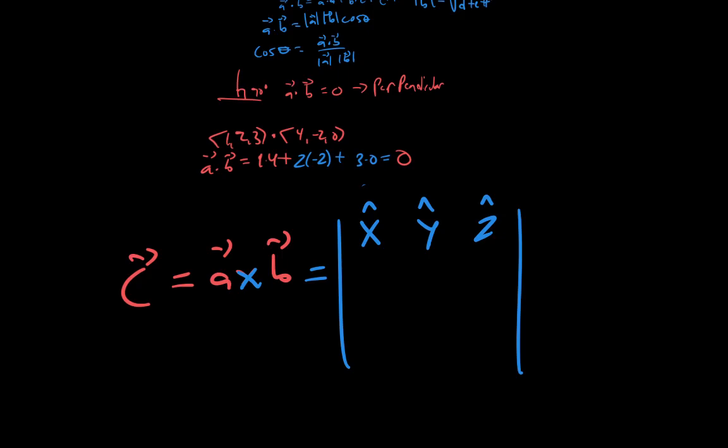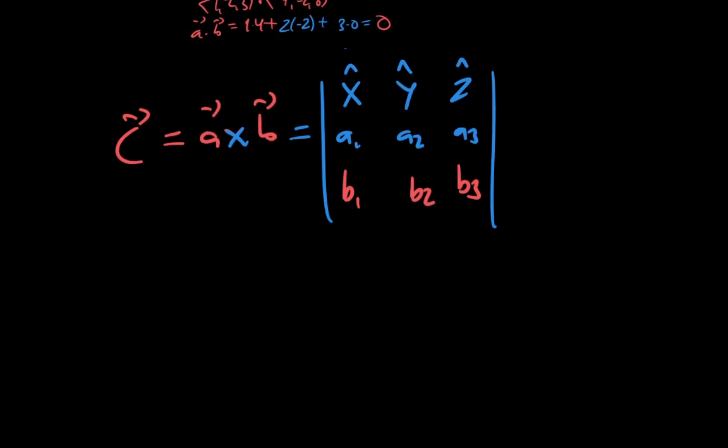And these will have the components of A and B: A1, A2, A3, and B1, B2, B3. And then you just take the determinant of this, which I will explain in another course, but the determinant of a 3x3 matrix is essentially the cross-out method.